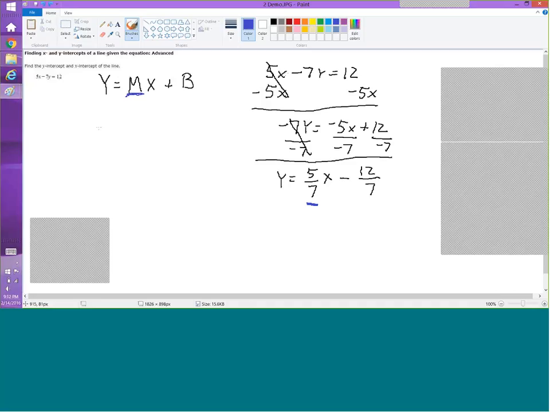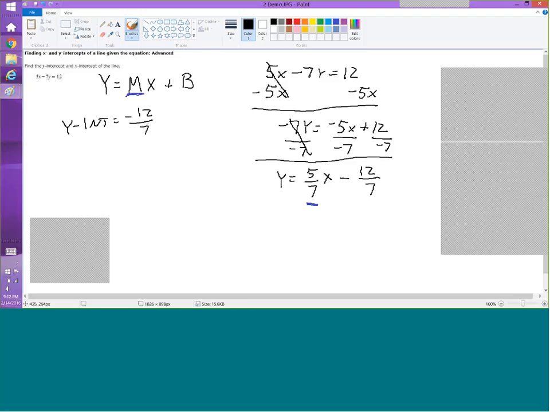Where the 5/7 is our slope and the negative 12/7 is our y-intercept. So we have found our y-intercept already. The y-intercept is going to equal -12/7.